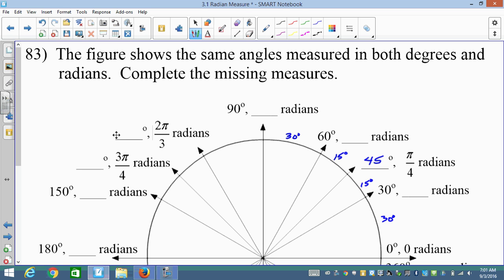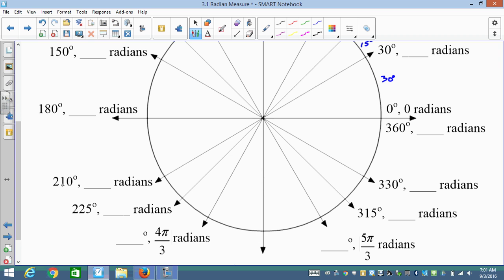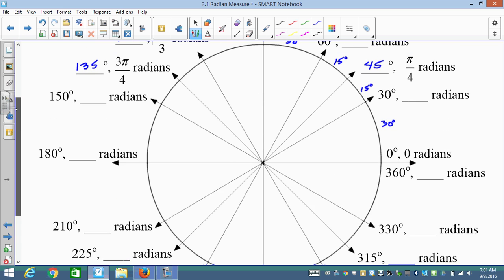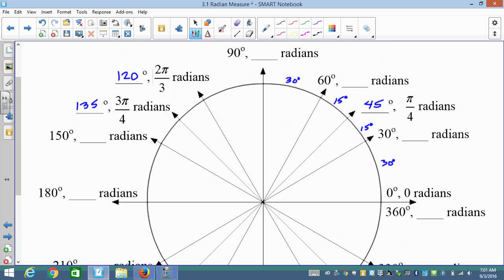So 90 plus 30 is going to give me 120, plus 15, plus another 15, plus another 30, plus 30, plus 15, plus another 15 will give me 240, plus 30 is 300, 315, 330, and full rotation 360.